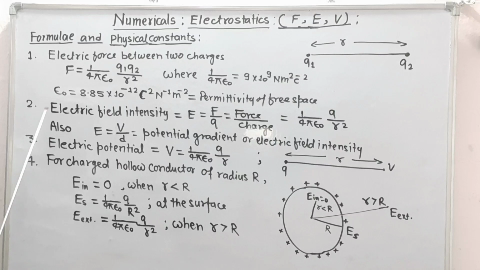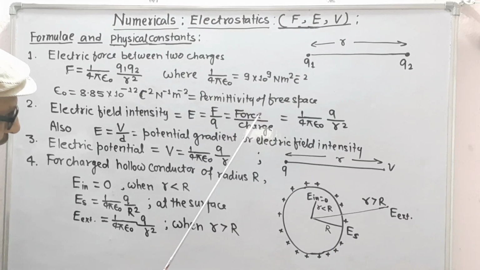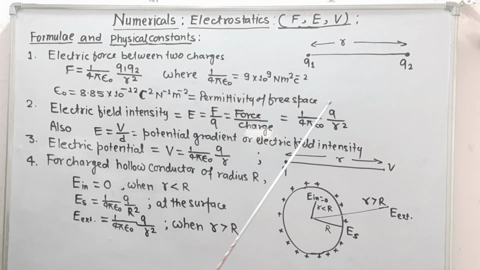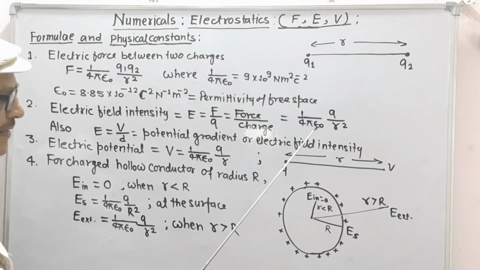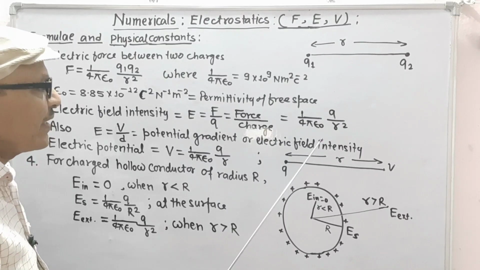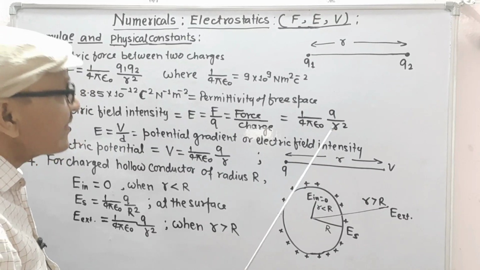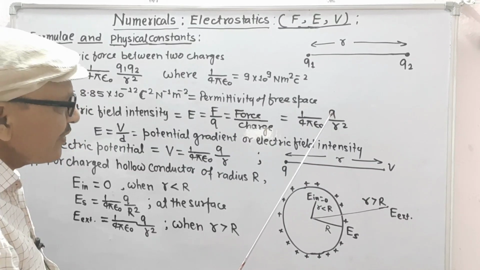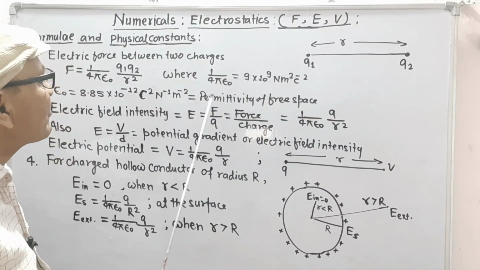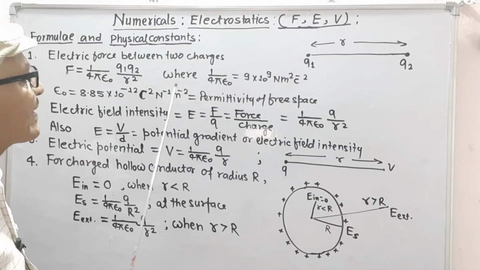Second formula, electric field intensity, which is a vector quantity, is denoted by capital E and is the force per unit charge, that is force upon charge. Also its value is 1 upon 4 pi epsilon naught into q upon r square, where r is the distance of point charge q at which we have to calculate electric field intensity.